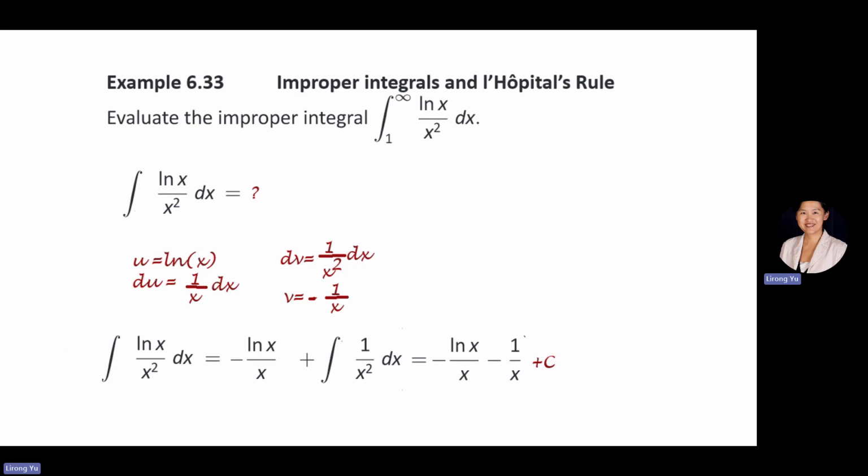So this is u times v, minus the integral of v du, which is 1 over x squared. The integral of 1 over x squared is negative 1 over x. We have it. That's our antiderivative. Now that we already have the antiderivative, the calculation will follow through. Any questions so far about the integration process?